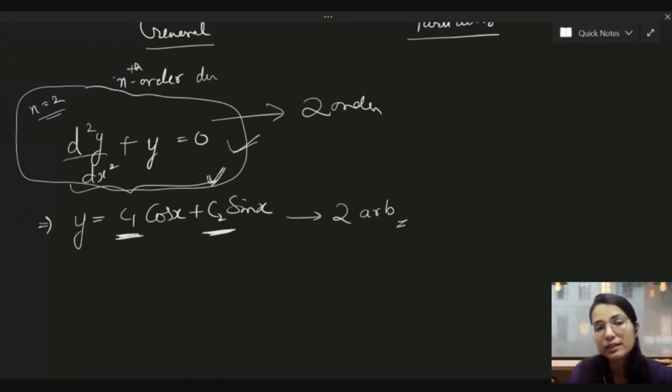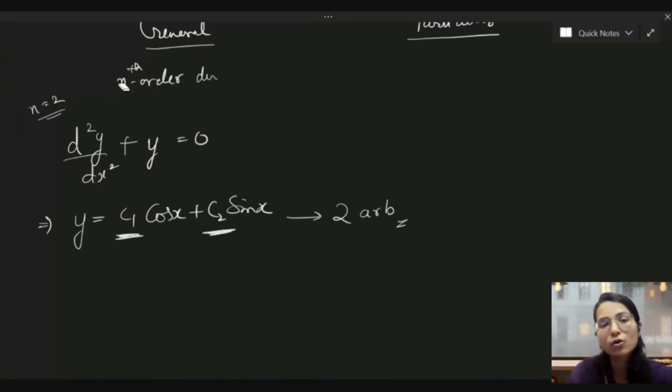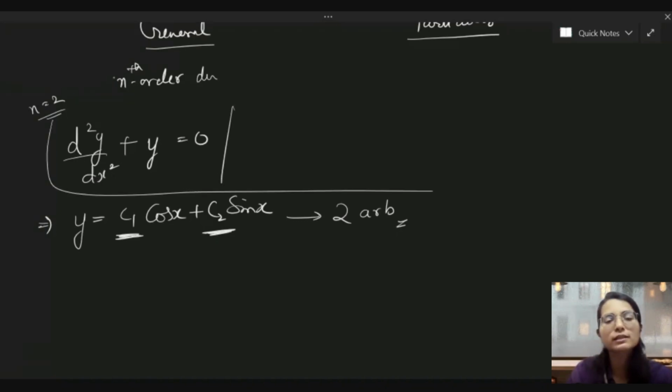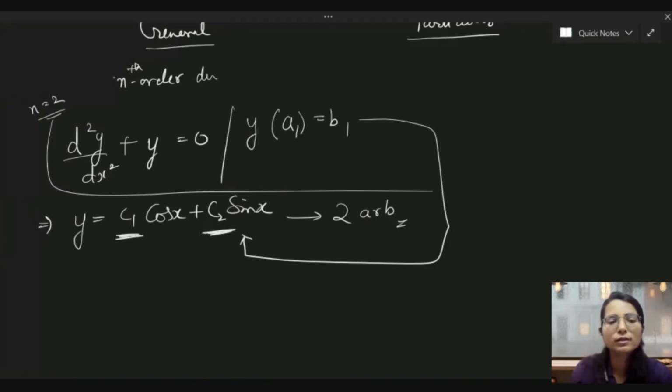So if conditions are given, for example, for a 2nd order differential equation, one condition might be y(a) = b, y(a1) = b1.